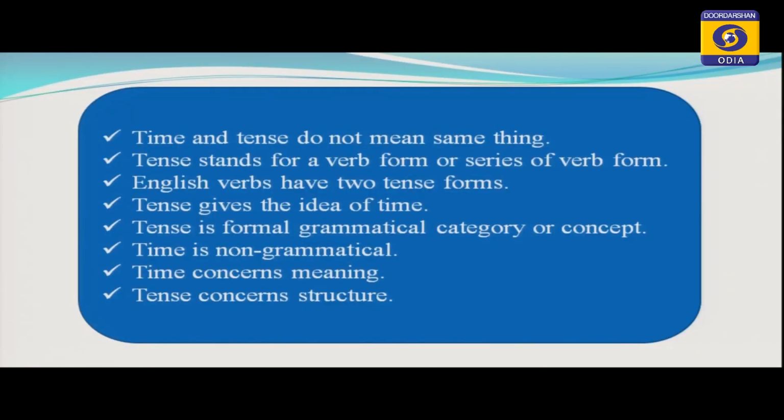When I say, I do this work daily, I speak of my habit. It is habitual action. And this gives me a time that is present time. So tense gives the idea of time. And when I use the word do, I put it in the meaning of habit.